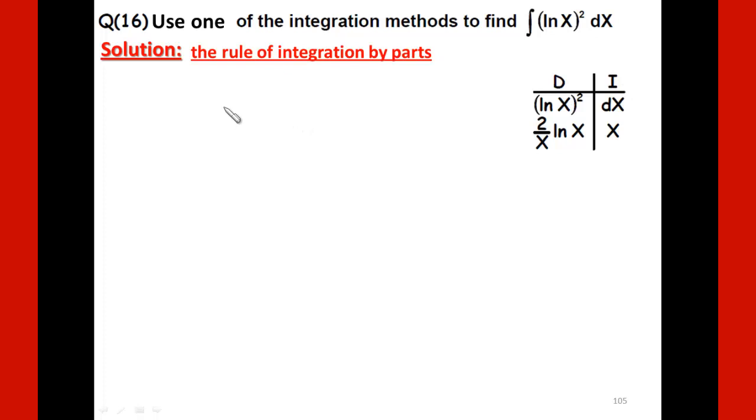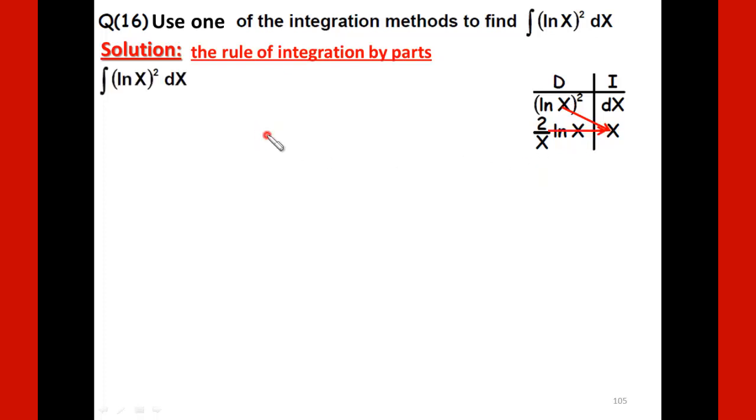And now we write the result. How we write it? By multiplying (ln x) power 2 multiply x, minus the product of x multiply 2 over x ln x.